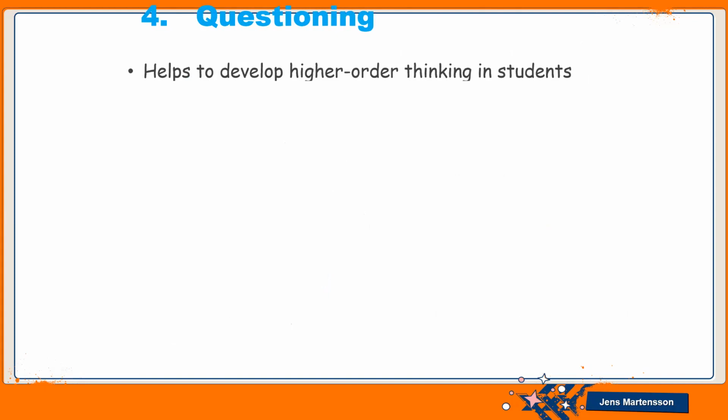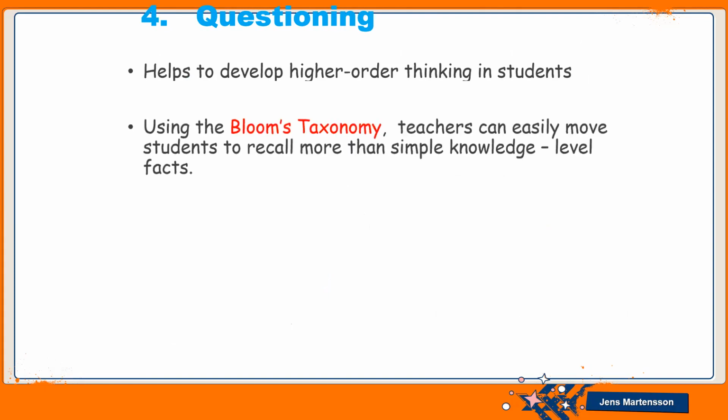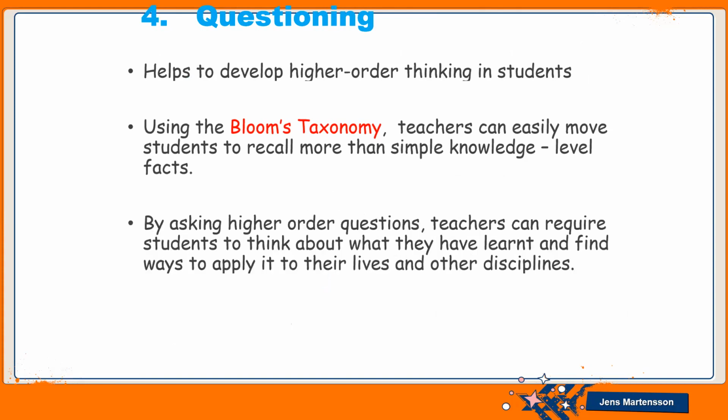Using Bloom's taxonomy, teachers can easily move students to recall more than simple knowledge and simple facts, by asking higher order thinking questions, which will require students to think about what they can learn and find during the lesson.